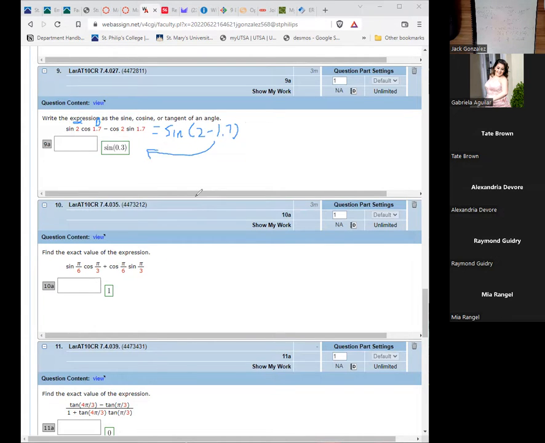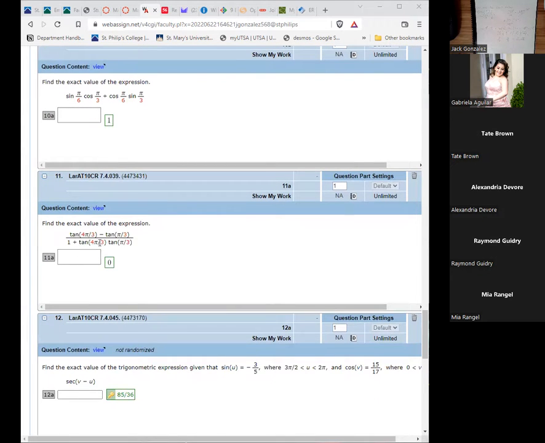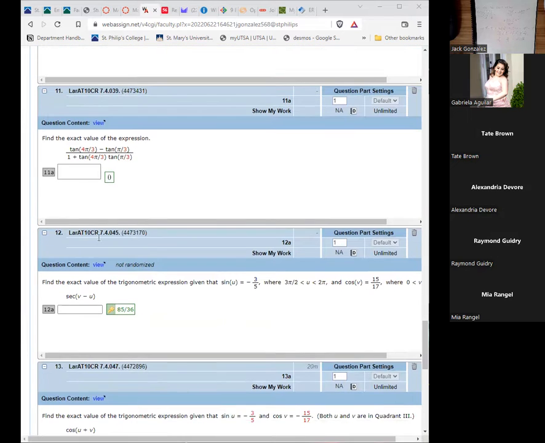Just using the formula. 2 minus 1.7 is sine 0.3. That's all they want. So you do the same thing here. This is alpha beta. Beta. Okay. Same thing. This guy, same deal. Apply your tangent formula.